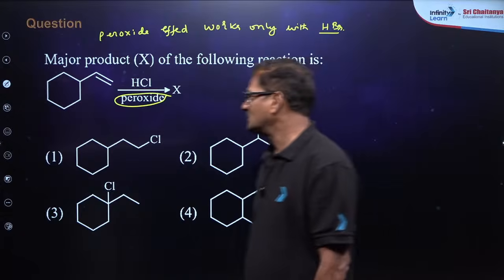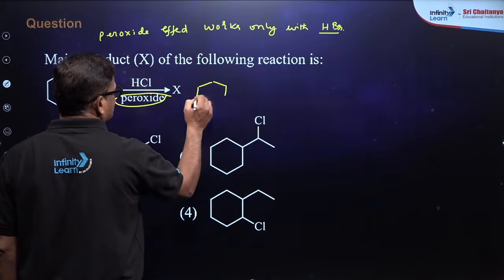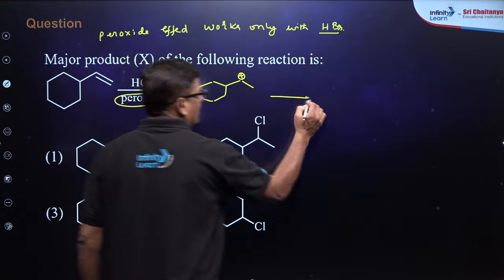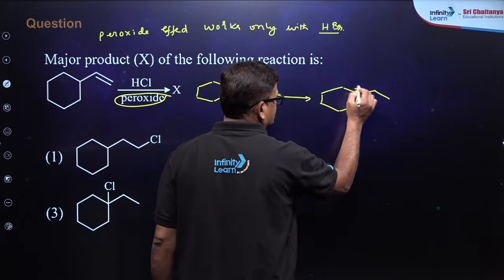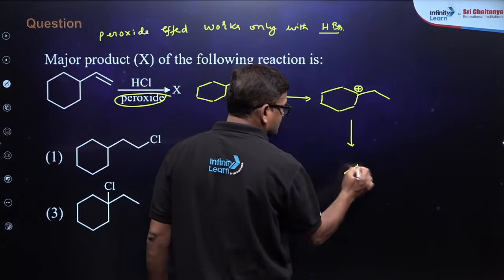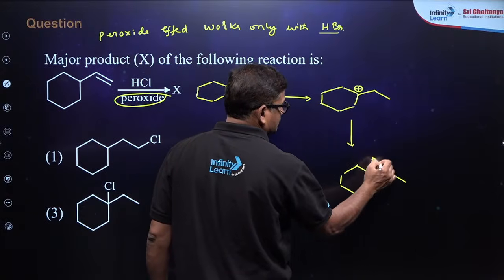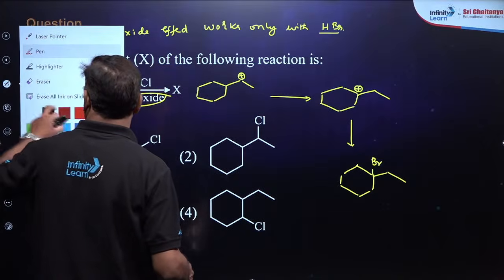Fine. So you are going to see a carbocation. It may rearrange, and then Br minus, like this. Sorry, it is not Br minus, it is going to be Cl minus.